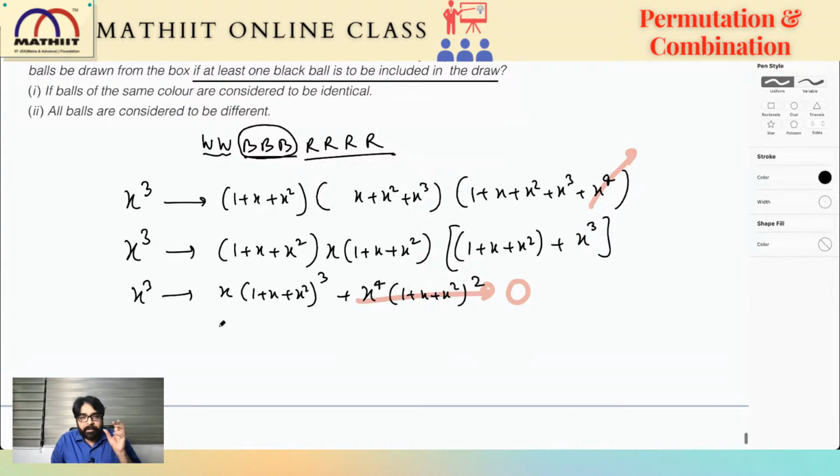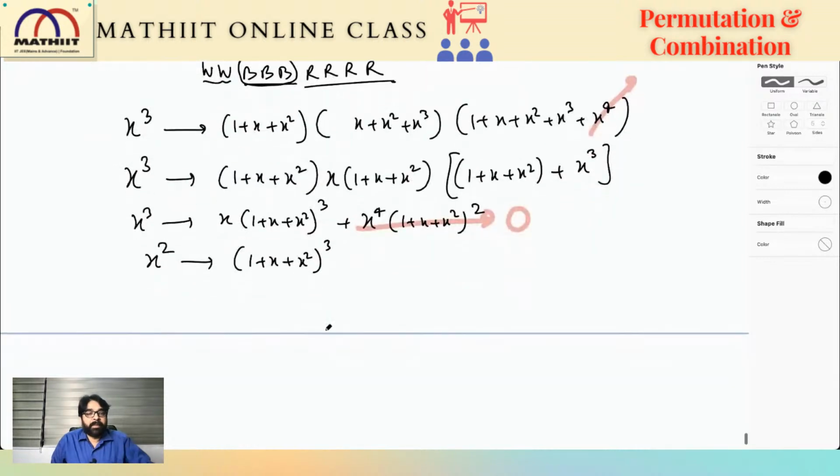Now here you have to take a little bit of a smart decision. The coefficient of x cube in this total is equivalent to the coefficient of x square in 1 plus x square power 3. So we'll say x square into, directly I'm writing, (1 minus x cube) power 3 into (1 minus x) power minus 3. Do you understand?